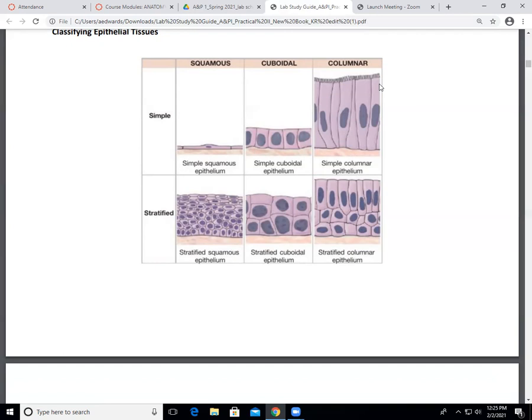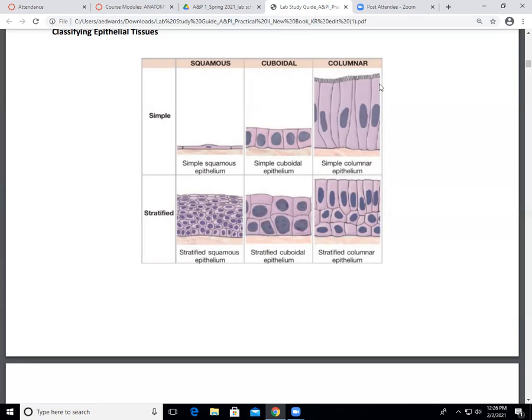And it doesn't matter if these cells down here are not flat. Okay, we're looking at basically where that epithelial lining touches some other or opens to some other surface. Okay, so the edge of the epithelium, basically. All right. If those cells are flat, we consider this flat. Okay. So this is simple squamous epithelium. This is stratified squamous because this layer is flat.